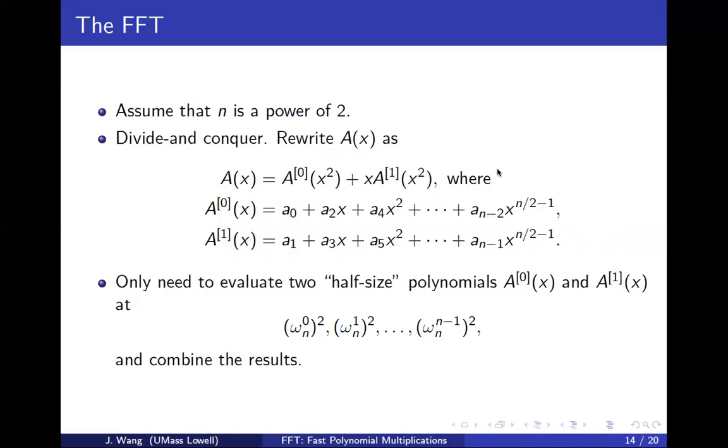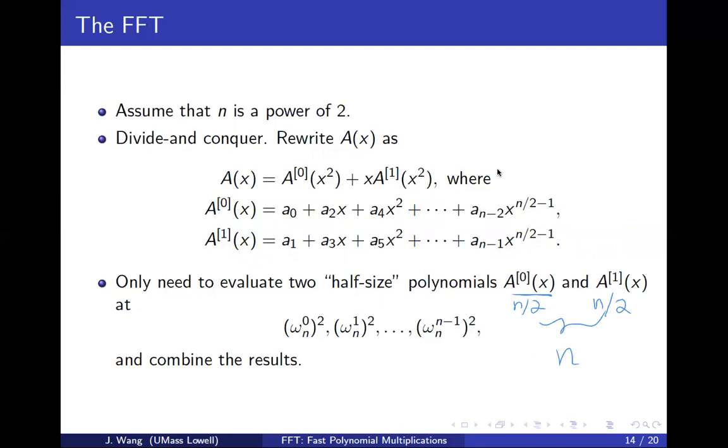So we only evaluate on these. Now, each of these has degree bound n over 2. Degree bound n over 2. So we just need 2 times n over 2, so that's n points.